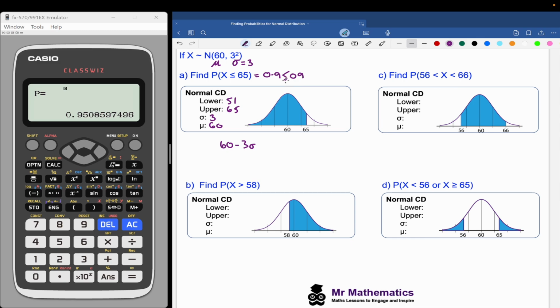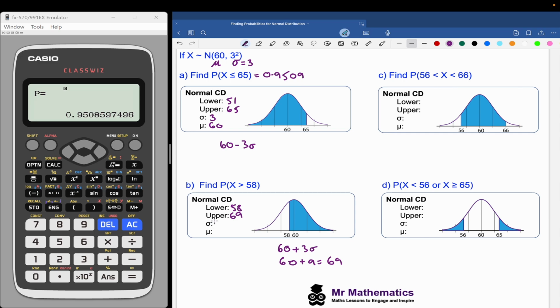Okay? For part B, now we want to work out the probability of x being greater than 58. So you can see from our bell curve that this 58 is now the lower value. And we want the area that goes under the curve from the 58 to 3 standard deviations beyond the mean. So this will be 60 plus 3 sigma. 60 plus 9 will be the upper limit here.